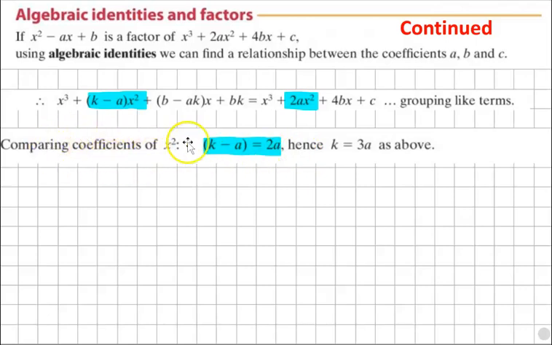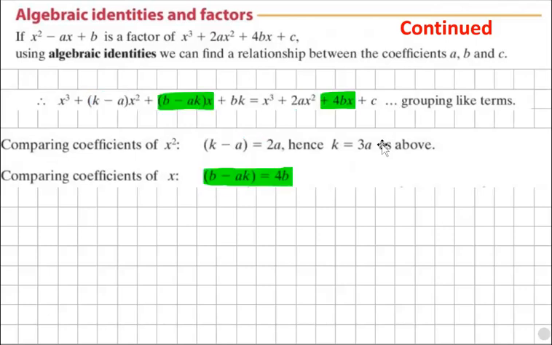So comparing the coefficients of x squared, our x cubes will just cancel, so we move straight to the x squareds. And the x squared parts will cancel, so we have k minus a equals 2a. So k will be equal to 3a, which is the same as in the algebraic long division method. And then for our coefficients of x, the x's would cancel, leaving b minus ak is equal to 4b.